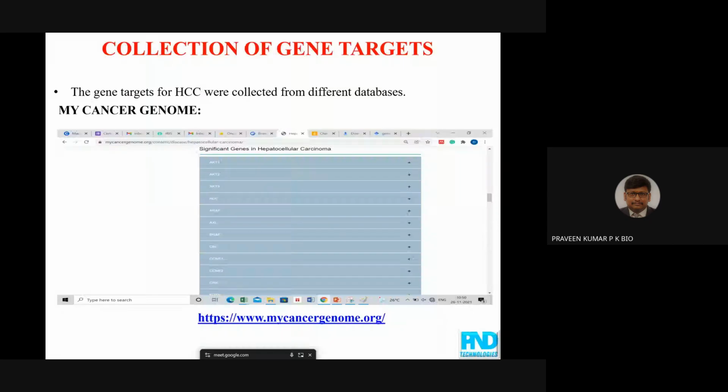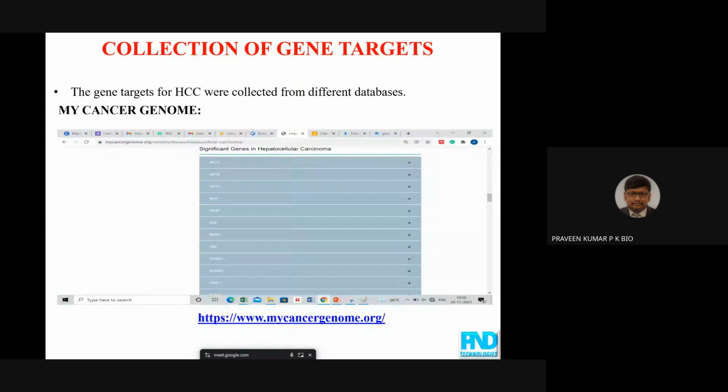Only if you're working on cancer, you may need these kinds of databases. This database can give you good information on the available data sets. From the data sets, you can know what kind of gene patients are suffering from, and what is a significant gene for a particular cancer.